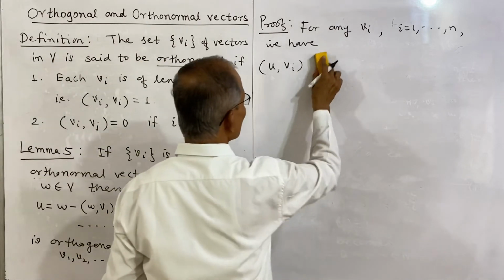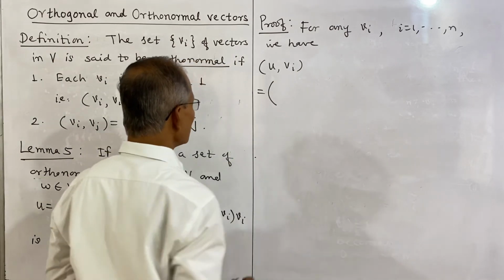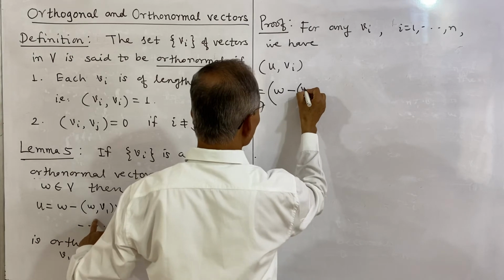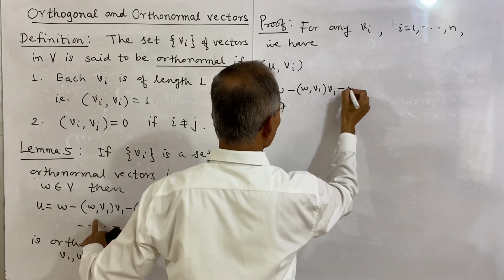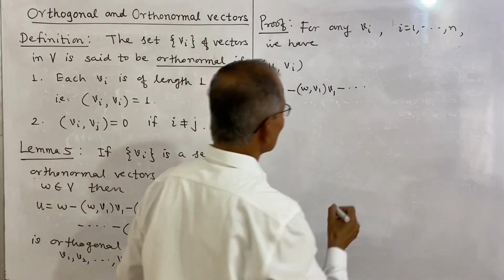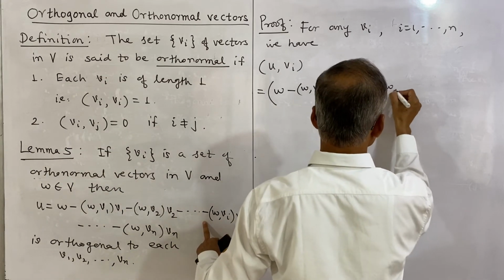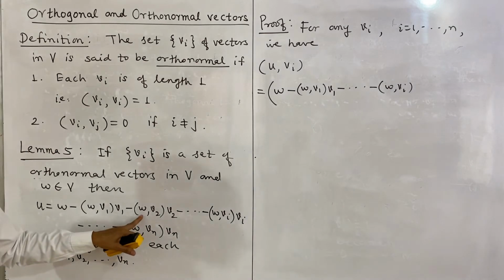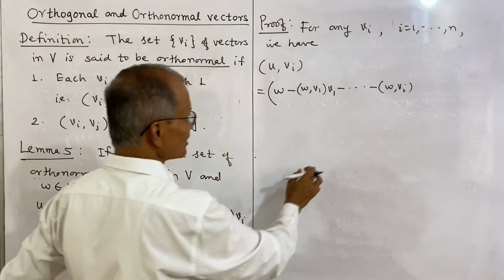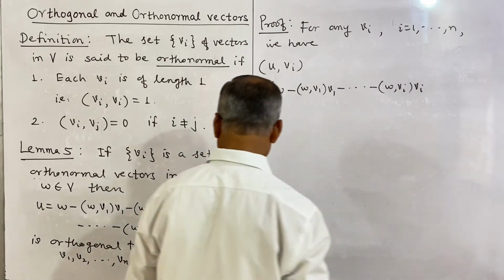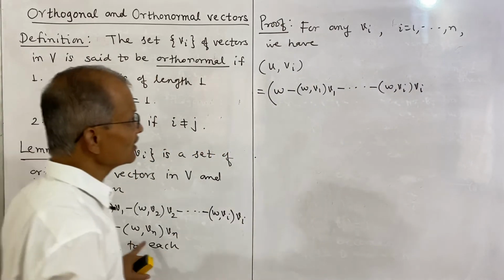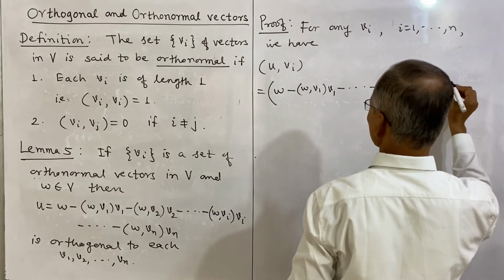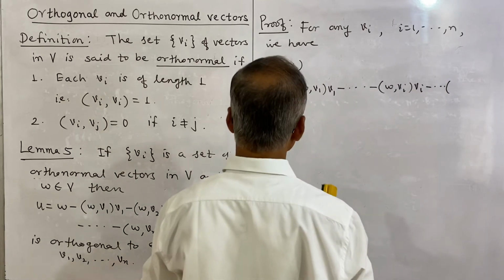So I shall write below, the expression for u is w minus the inner product of w with v1 multiplied by v1 minus, I shall write the intermediate term, that is minus the inner product of w with v2 etc. So this is the ith term in this expression, and it is continued, minus the inner product of w with vn times vn, and then we have to write vi.